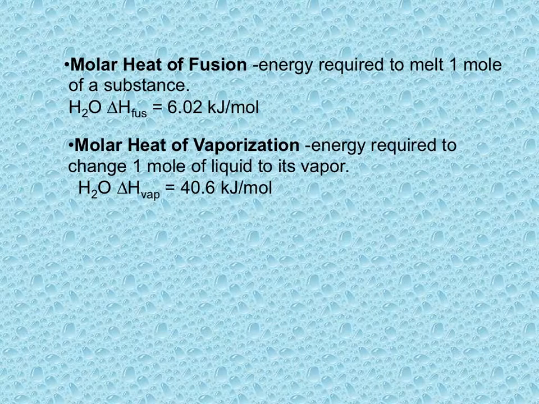Molar heat of vaporization is another important concept. It's the energy required to change 1 mole of a liquid to its vapor. Water's molar heat of vaporization, delta H vap, is equal to 40.6 kilojoules per mole. These are two values that we'll have to be reminded of when we are calculating energy of phase changes.